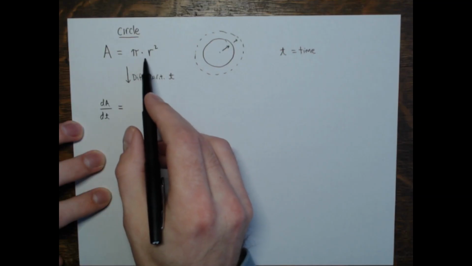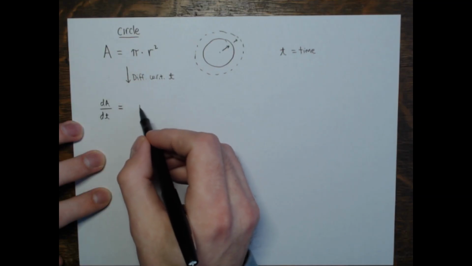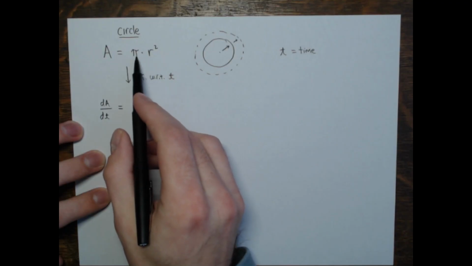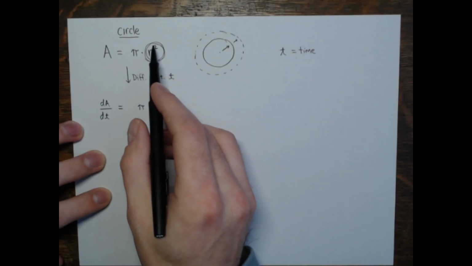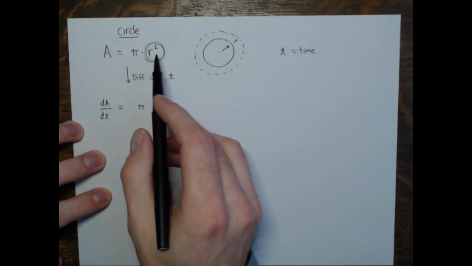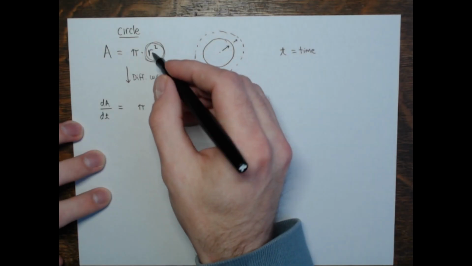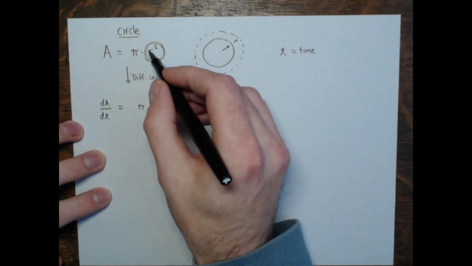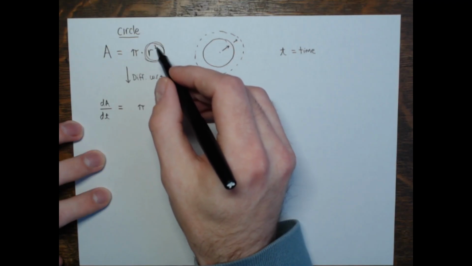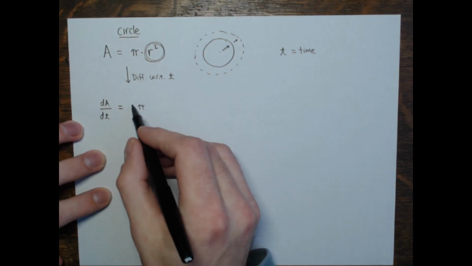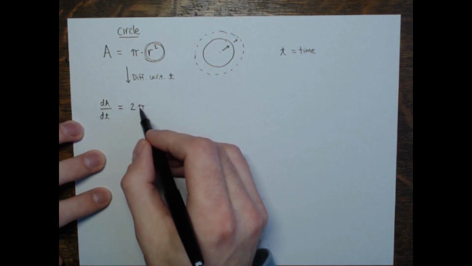Equals, and then here, pi would stick around, right? That's a coefficient times, and then the derivative of this radius squared is going to be kind of like powers we saw in earlier problems. The radius is a function of time, right? So this is some expression with t in it to the second power. So I apply the power rule, and I'm going to throw the 2 out in front of the pi here.